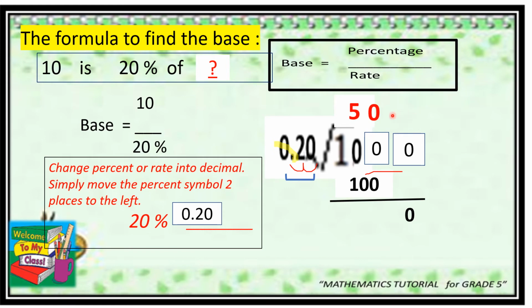Ayun, sa taas. Sa kalapit ng 5. 0 times 20 is equals to 0. Then, subtract nyo po yan. 0 minus 0 is equals to 0. So, the base in 10 is 20% of 50 is 50.